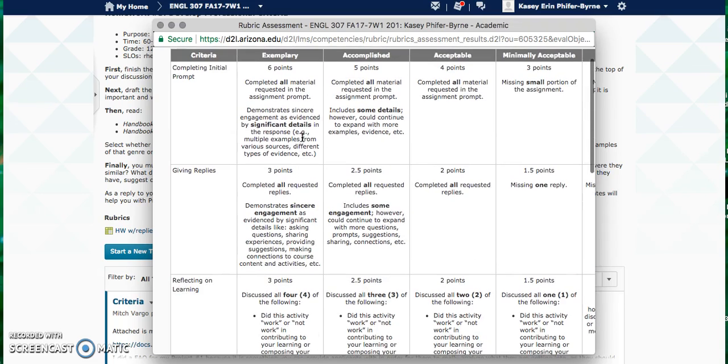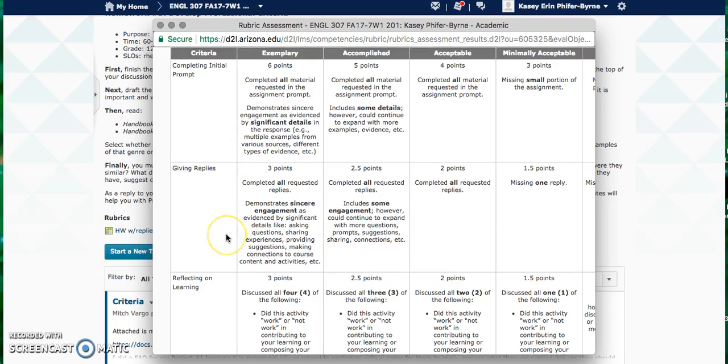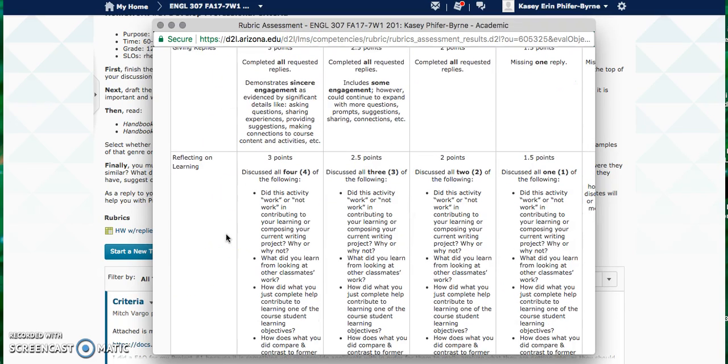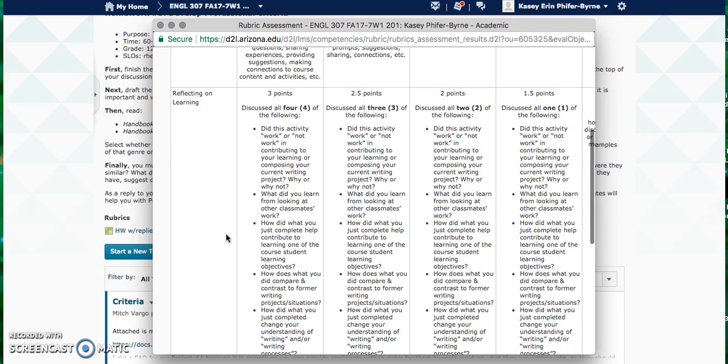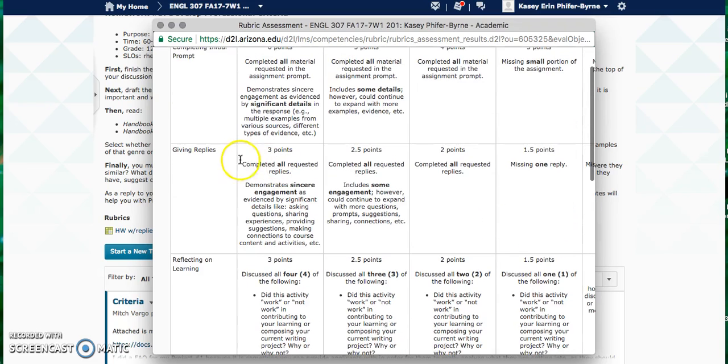So when you're receiving points off, usually they're in the category of giving replies or reflecting on learning. I really urge you to check out the rubric and not only evaluate your own work before you turn it in, but if you get points off on something, check out this rubric and see if you can figure out, like I said, really be honest with yourself and really be critical of your own work about whether you're meeting all of these requirements before you email me and ask where your points were off.